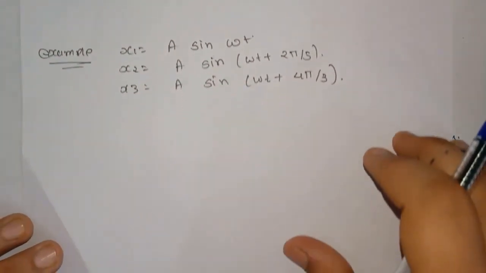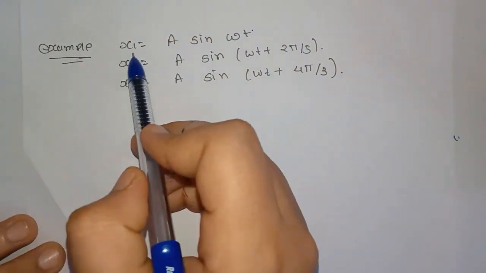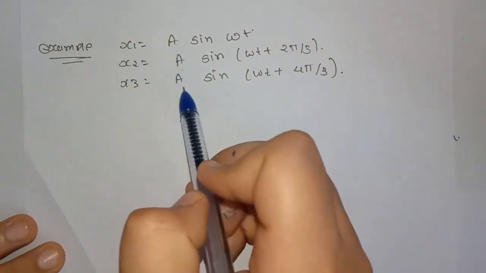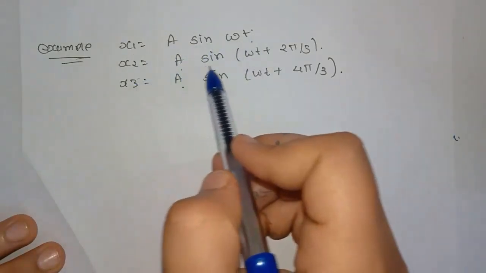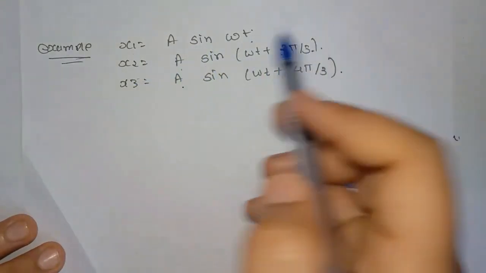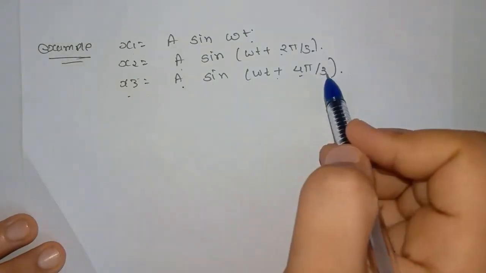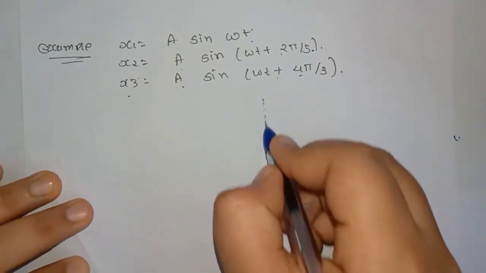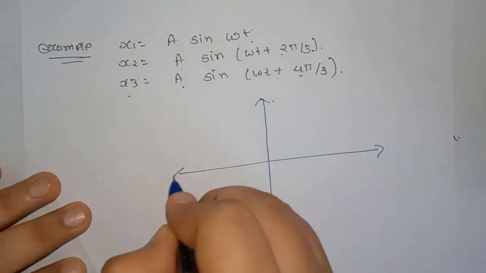In the second example, there are 3 vectors or 3 SHMs all having magnitude A. The first one is A sin ωt, the second one is A sin(ωt + 2π/3), and the third one is A sin(ωt + 4π/3). Now let us first represent them in the coordinates.